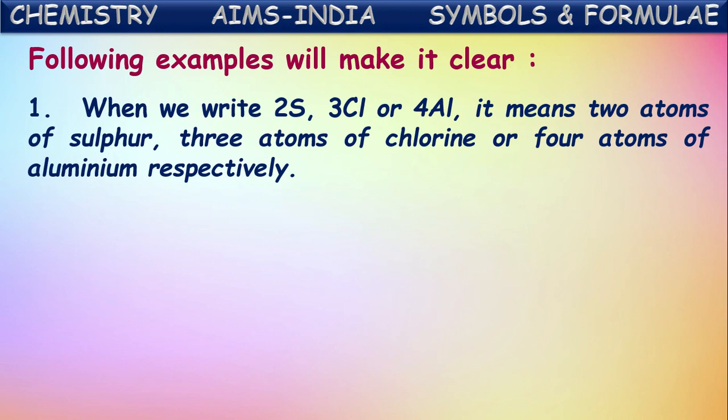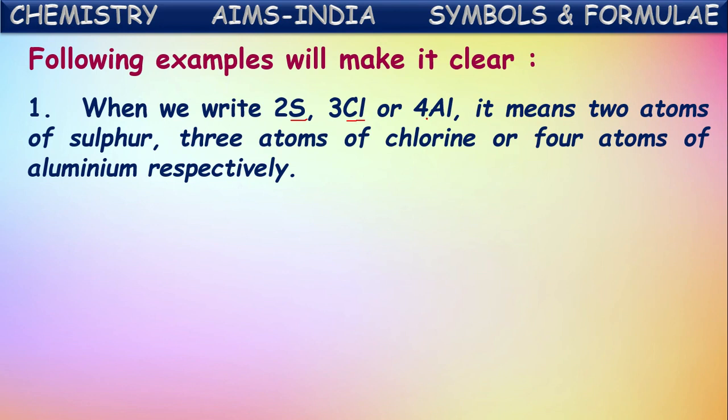When we write 2S or 3Cl or 4Al, it means two atoms of sulfur. See here, this is a symbol representing the element sulfur. In front of this symbol, 2 is written. That represents two atoms of sulfur. And here, this represents three atoms of chlorine.